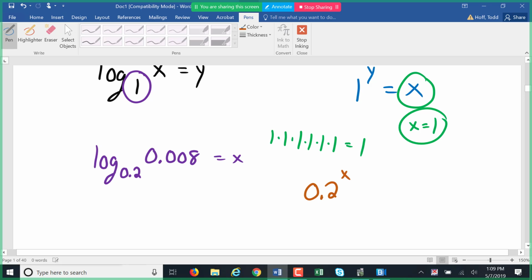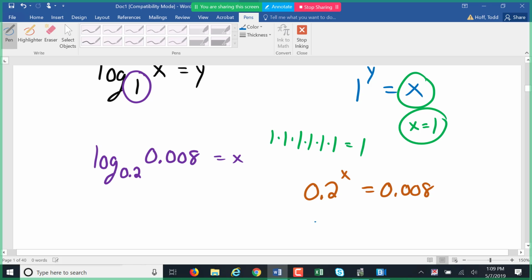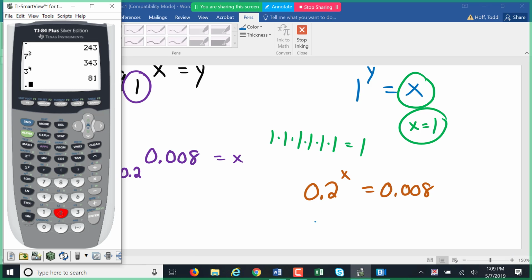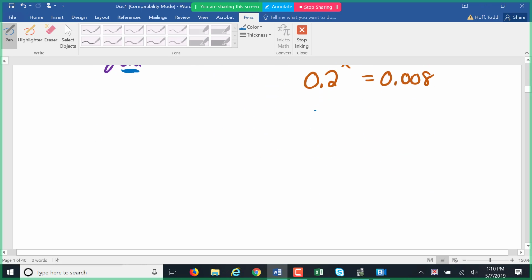This is saying 0.2 to what power equals 0.008. If you take 0.2 to the power of 3, you get 0.008. So x here is 3. You'll notice, however, when the base of the log is less than 1, these numbers here have to be really small. They're smaller than the base.